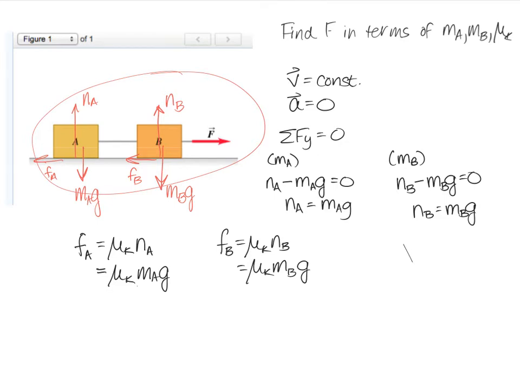So now, what we're ready for is to look at the forces in the x direction, because this will allow us to find an expression for F in terms of all the other known quantities. Force acts to the right, and then we have our two frictional forces opposing that force. Those are the only horizontal forces we have, and those are going to add up to be 0.